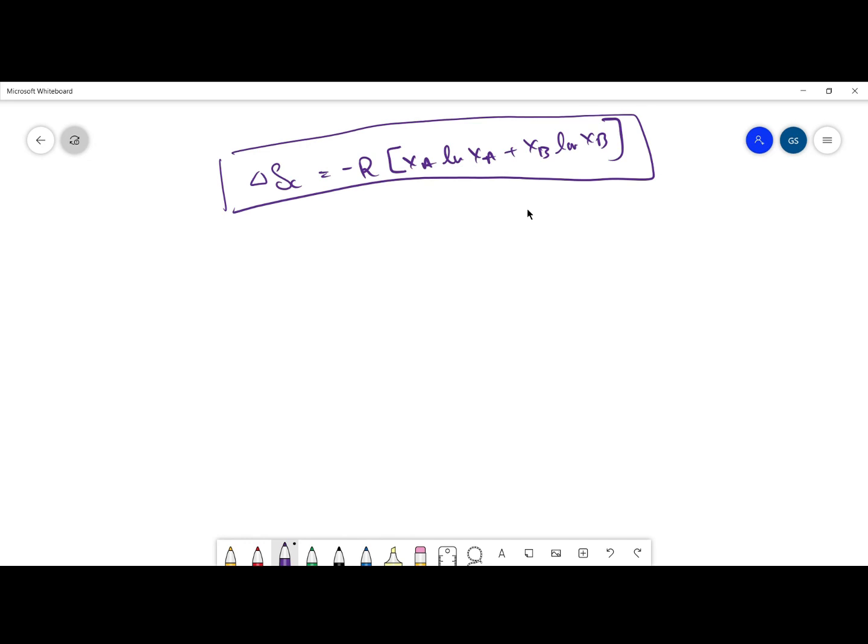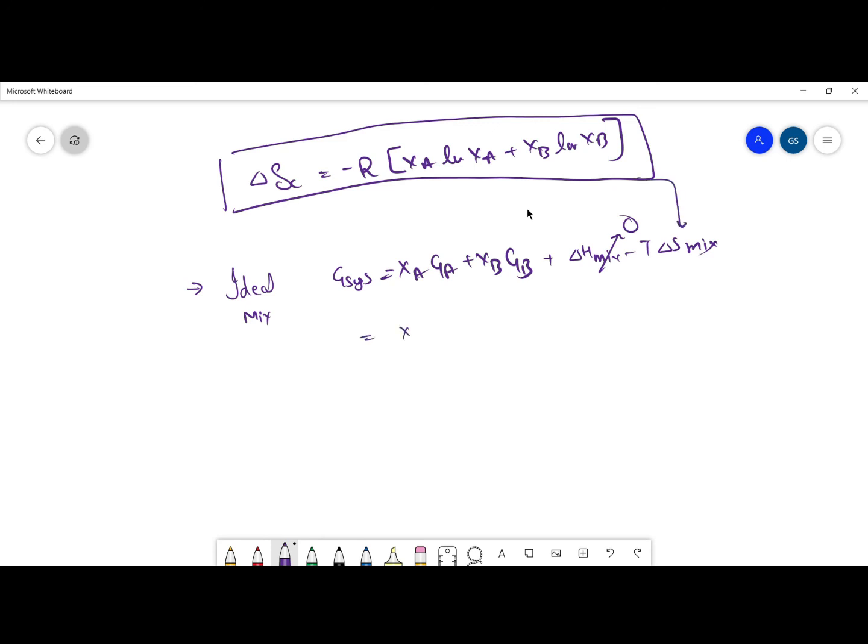So we can write, for an ideal mix, our G system will be XA GA plus XB GB plus delta G mix, which is delta H mix minus T delta S mix, where delta H mix was 0, and this delta S mix is nothing but this.